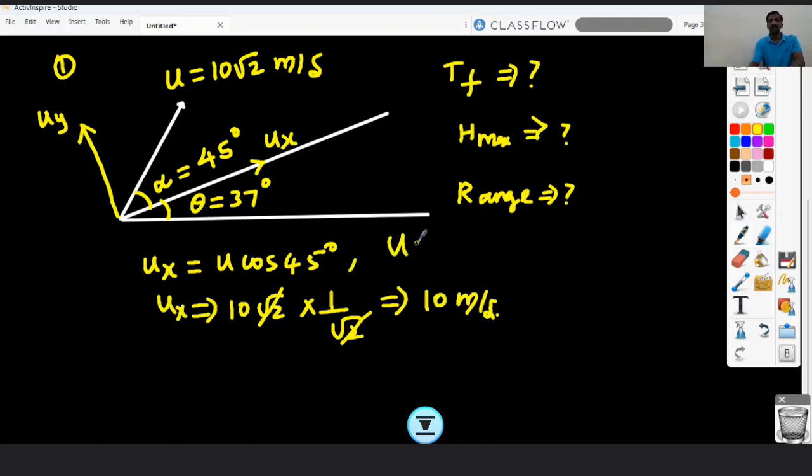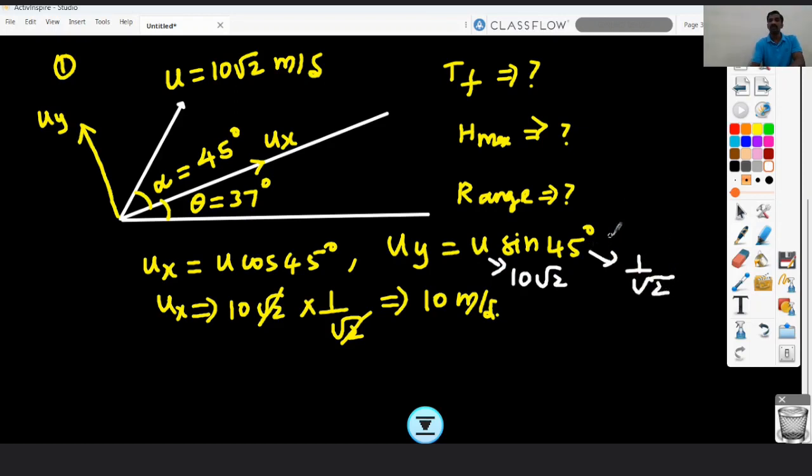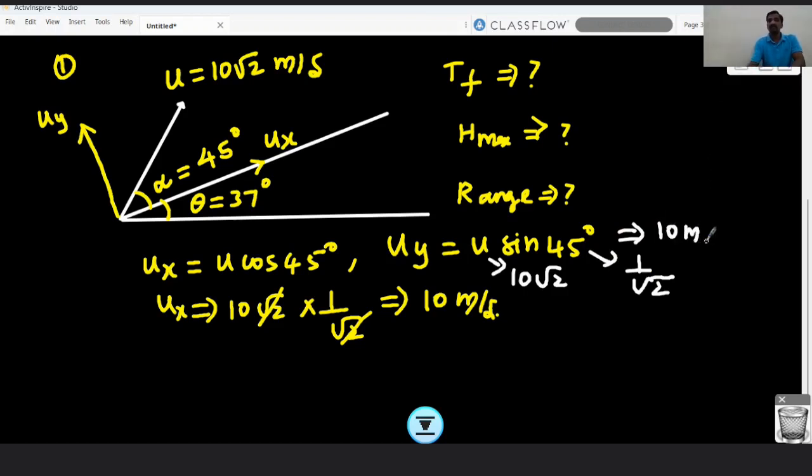Similarly for the y component, u sin 45 degree, 10 root 2 times 1 by root 2, so the component of velocity along the y direction is also 10 meter per second.